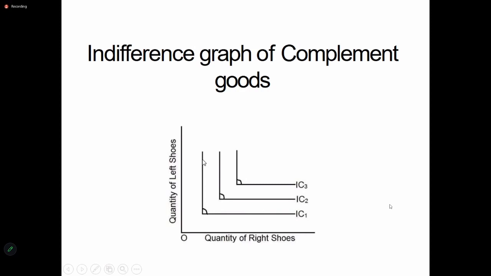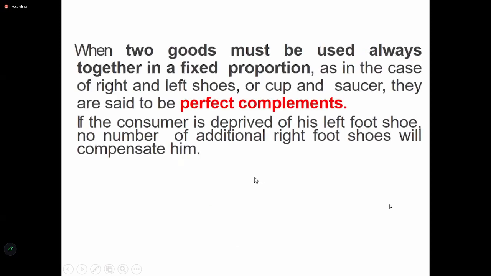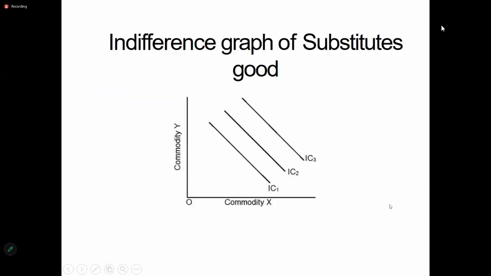So when one is reducing, and let's say in this indifference curve, it comes parallel to the y-axis, then it goes parallel to the x-axis because one depends on the other. But here for substitutes, you can see gradually the curves are sloping down with straight lines because one can substitute another.